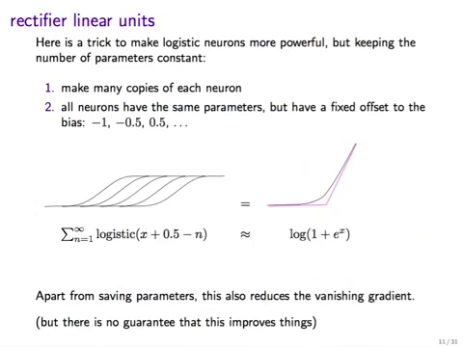What sometimes also improves learning is the use of different activation functions. The so-called rectifier linear function, max of 0, x, so that's this guy, often works well as the discontinuous version.